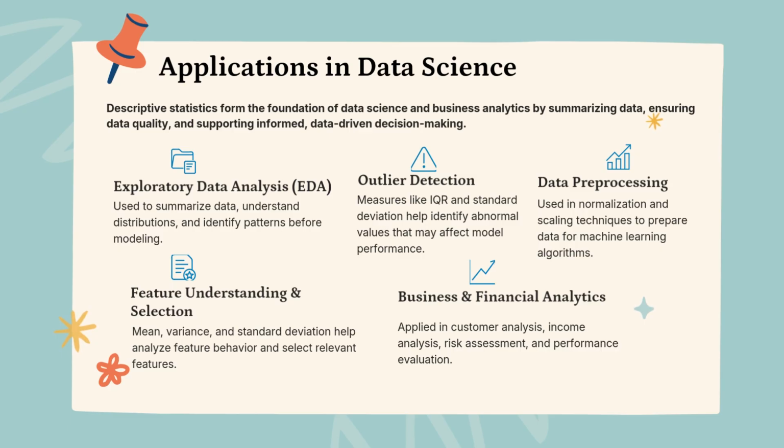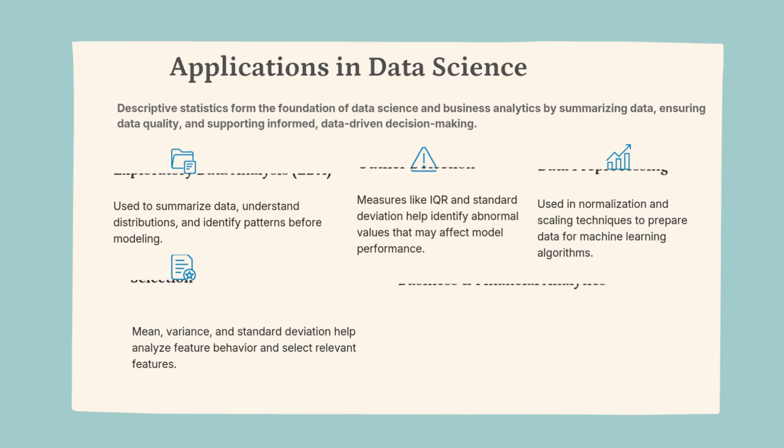In feature understanding and selection, mean and variance help analyze how each feature behaves and determine its importance. During data preprocessing, these measures are used for normalization and scaling. In business and financial analytics, they support customer analysis, income trends, risk assessment, and overall performance evaluation for better decision-making.